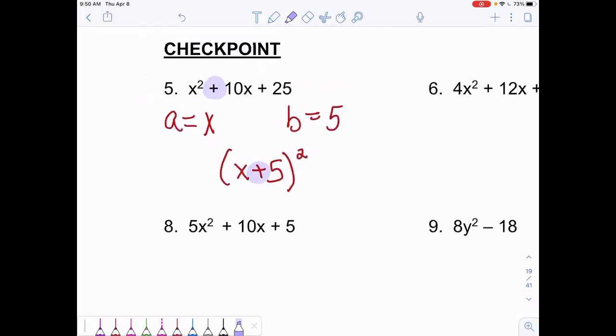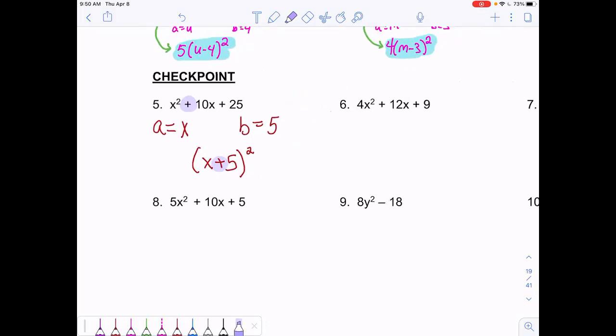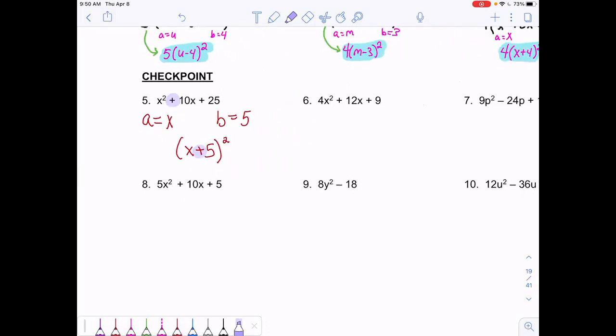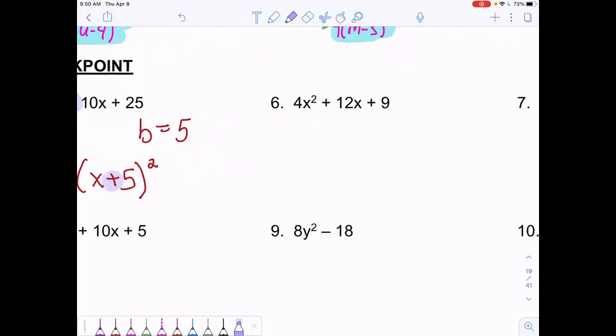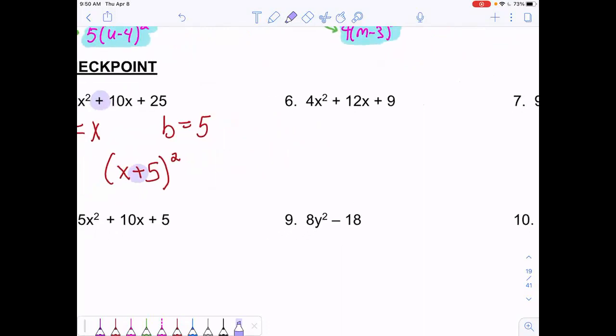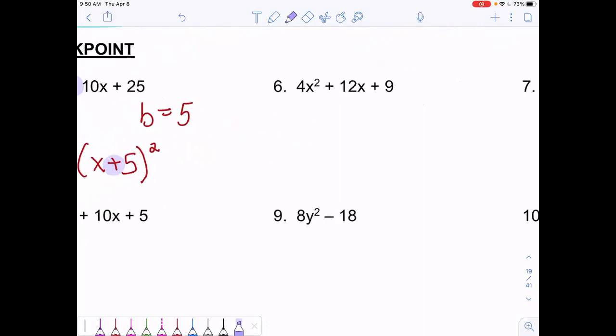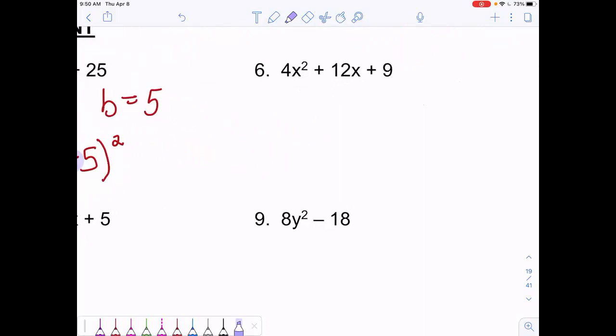So when you look at the 6 problems, all of them except number 9 have 3 terms. So your answer for all of them except number 9 should look similar to number 5. So looking at number 6, we have 4x squared plus 12x plus 9. Peyton, the first question, do 4, 12, and 9 have anything in common?